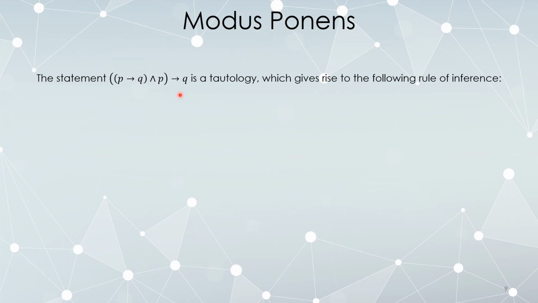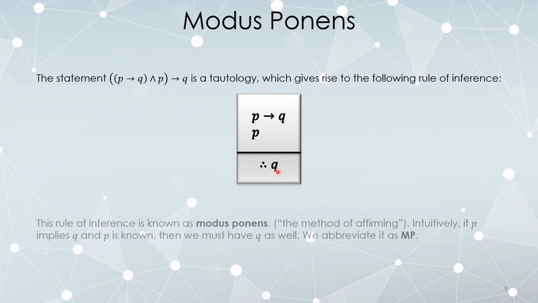So I interpret it as the following rule of inference. It's got 2 hypotheses conjoined and a single conclusion Q. So if P implies Q and P, therefore Q. This is known as modus ponens. It's just Latin for the method of affirming. And what it says is, P implies Q is a true fact. P is also true.